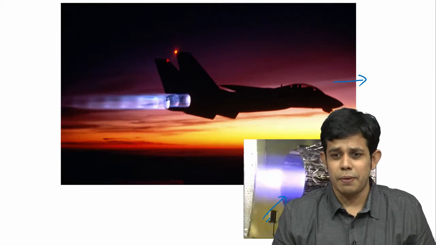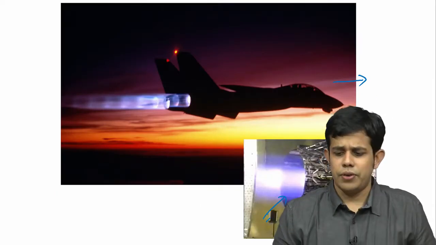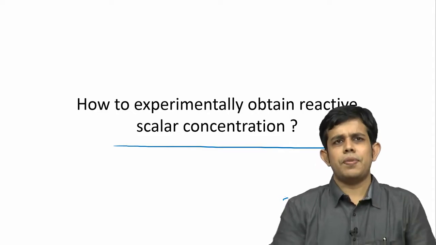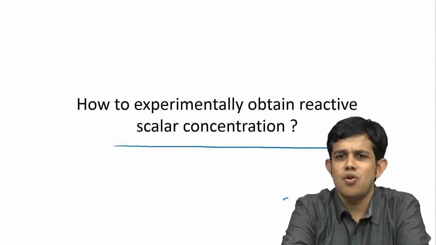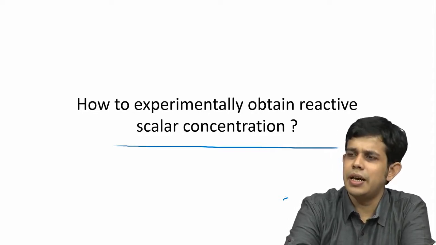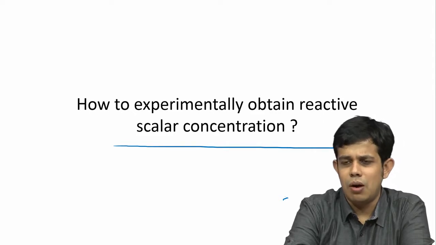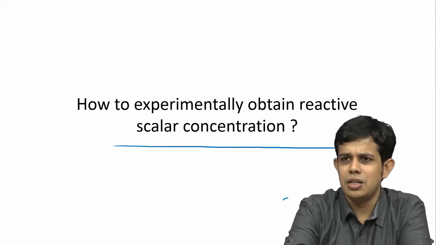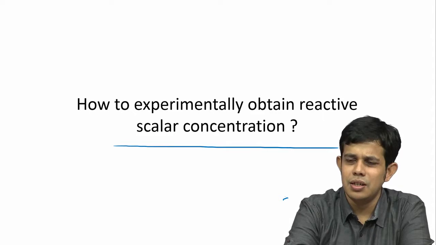It will act like a blowoff body, and it will cause a lot of heat loss. So, we want to measure things in a non-intrusive manner. That is, we do not want to put a physical probe, but by shining light and getting some signatures of how molecules interact with the light that we send in, we want to measure their presence.